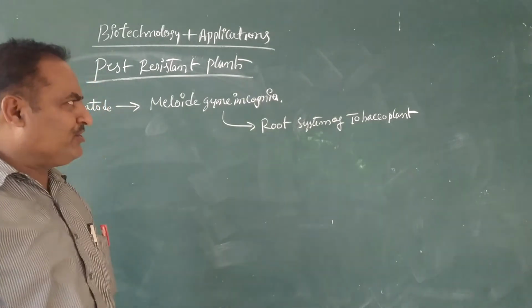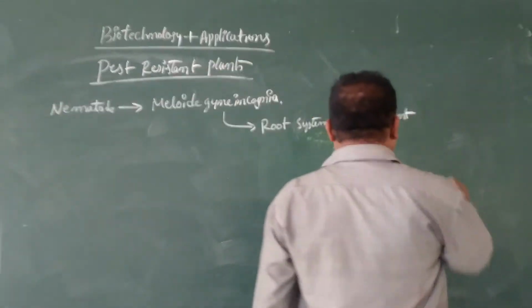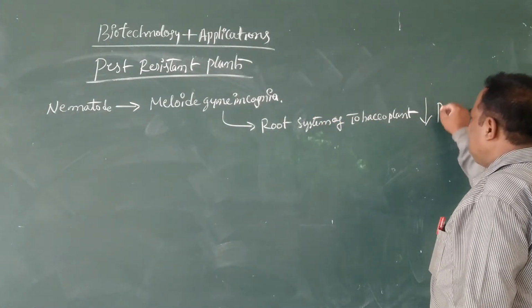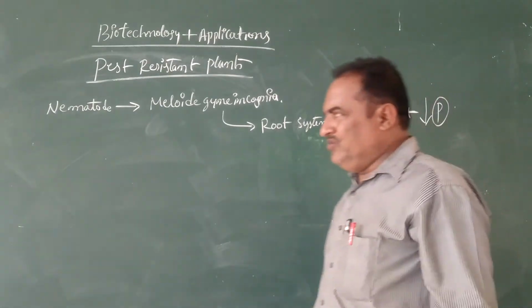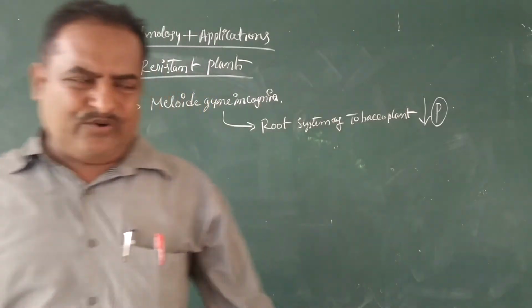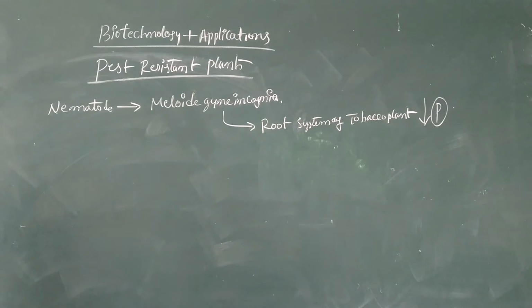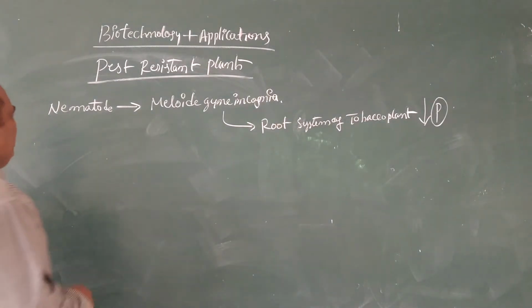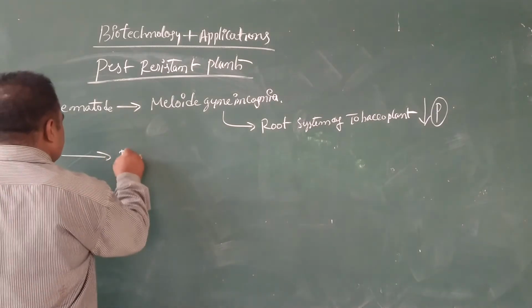Due to that infection, the tobacco plant reduces productivity. To avoid this, the infection can be prevented.